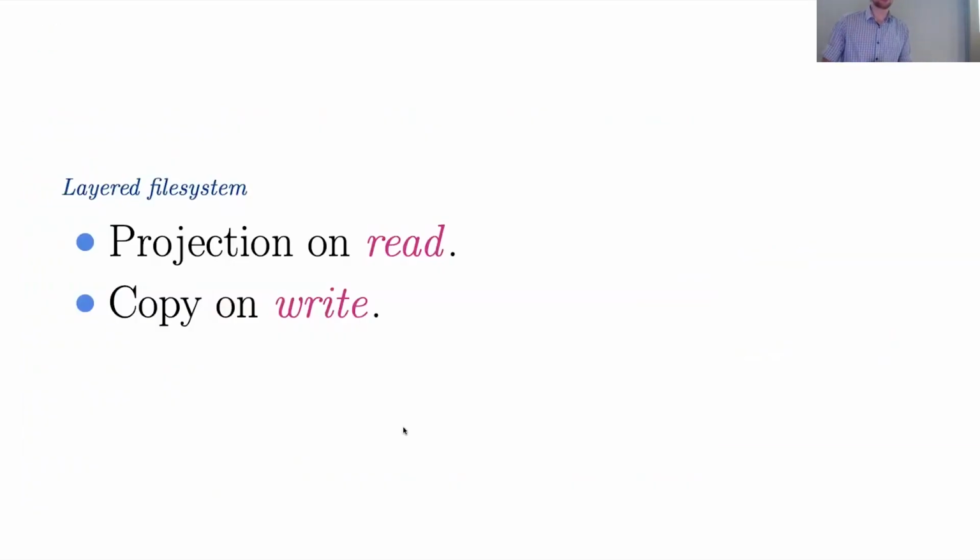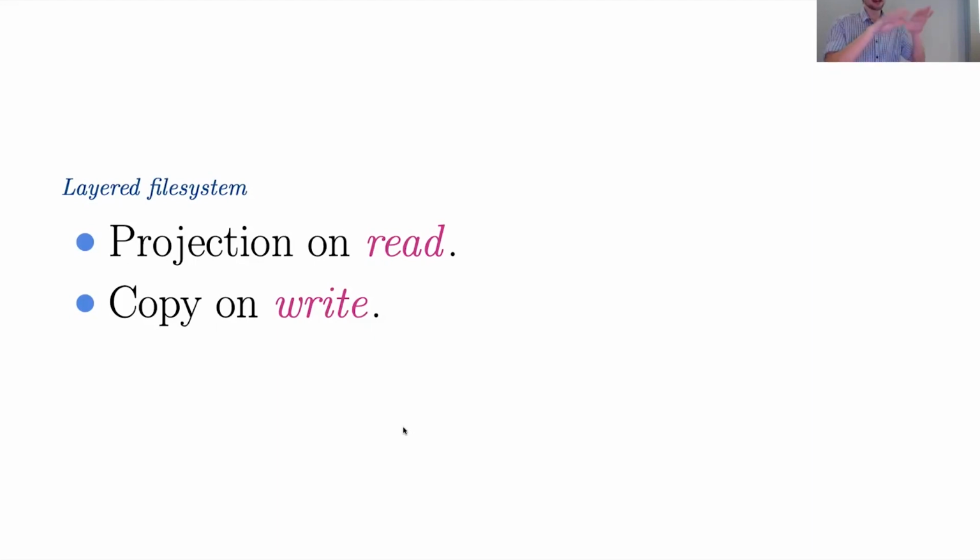A layered file system is built on layers. And what that means is you will have generally a lower level layer and an upper level layer. And of course, you can stack these layers on top of each other. But what we have is when we read a file or we ls a directory, we're going to see the projection of all of the lower layers.